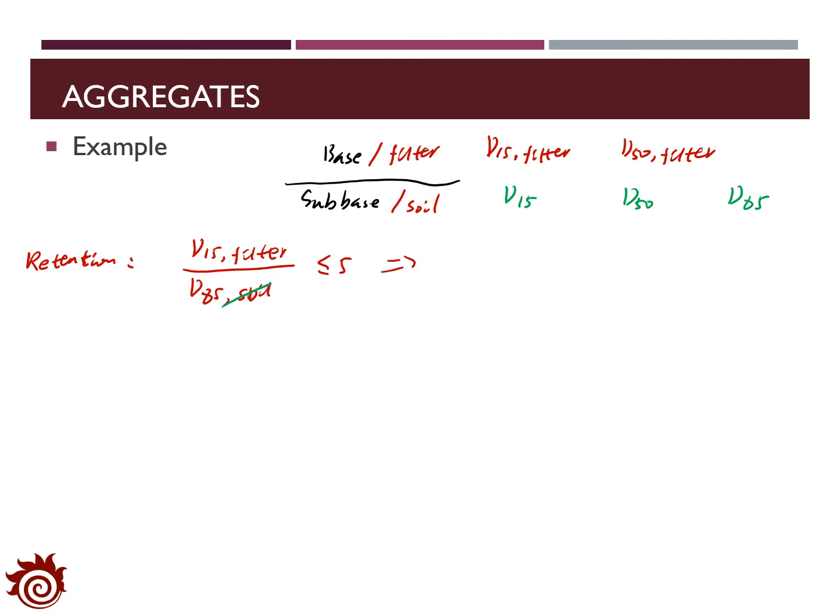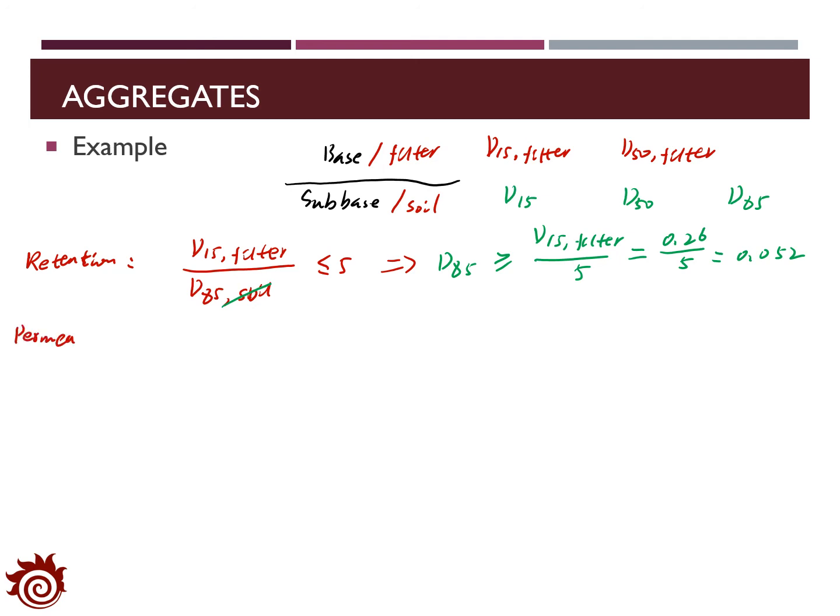So we can derive this one as D85 is higher than D15 filter over 5, which will give you the value as 0.26 over 5 equal to 0.052.